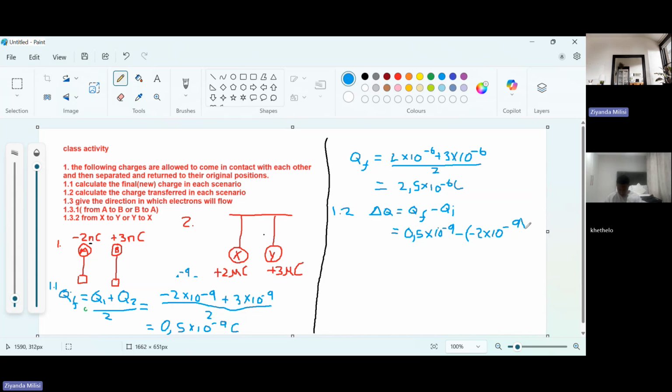What is the answer? 0.00025. Put it in scientific form.